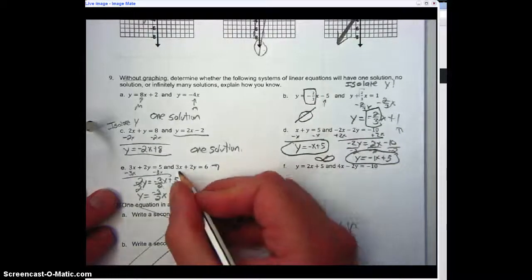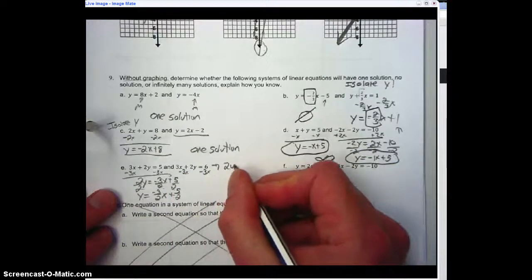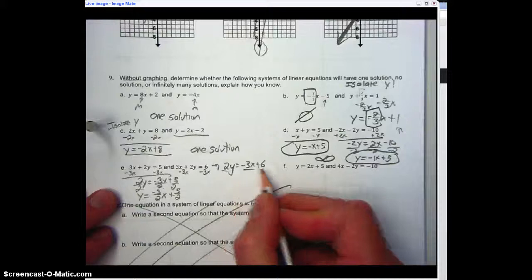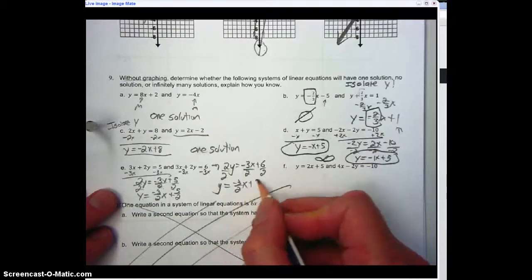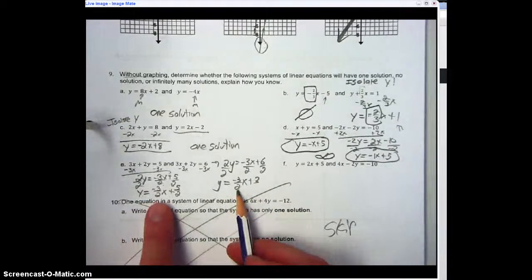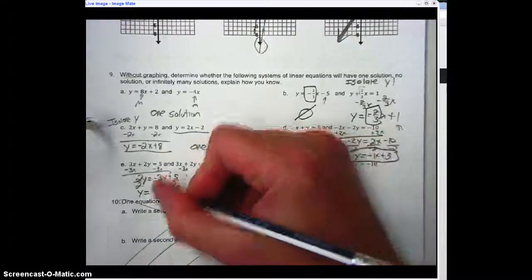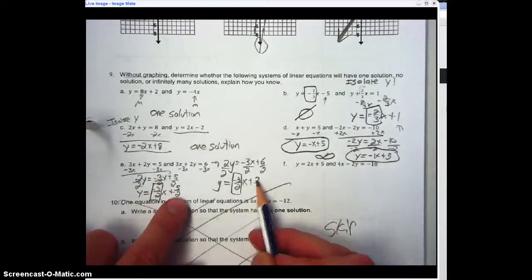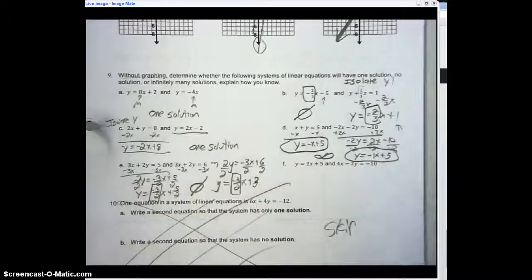And this guy, minus 3x, we get 2y equals minus 3x plus 6, divide by 2, y equals negative 3 over 2x plus 3. What do you notice about these two slopes right here? They are the same. The y-intercepts are different. This is a 3. So the answer is no solution.